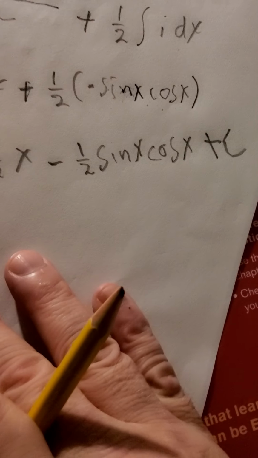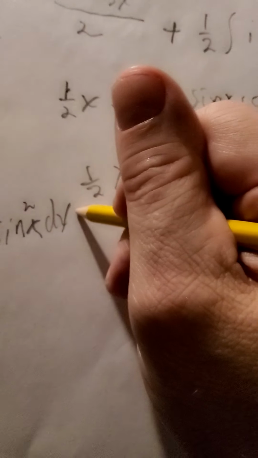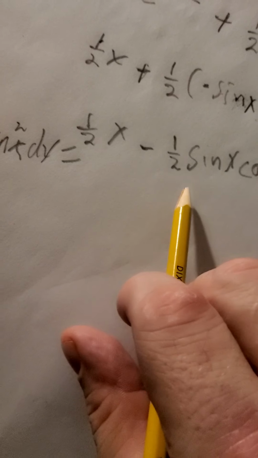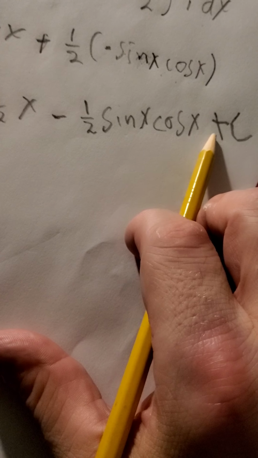The integral of sine squared x, sorry, not theta, with respect to x, the integral of sine squared x dx equals 1/2 x minus 1/2 sine x cosine x plus c.